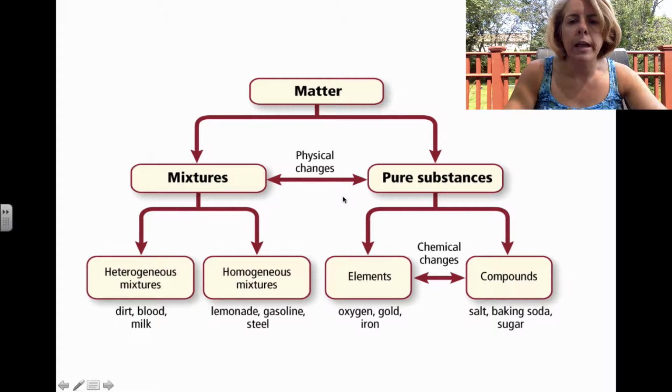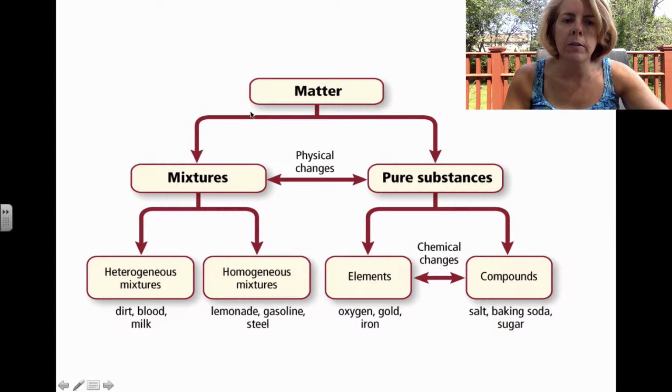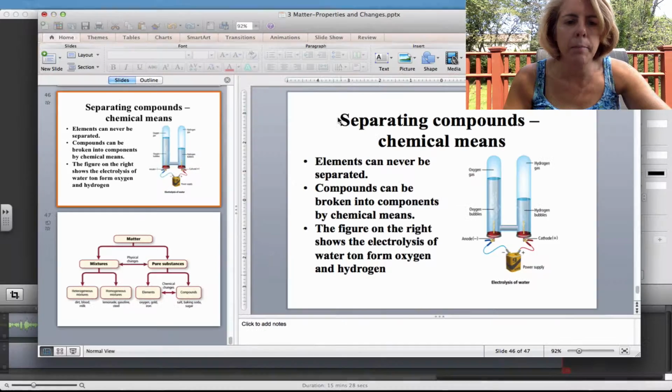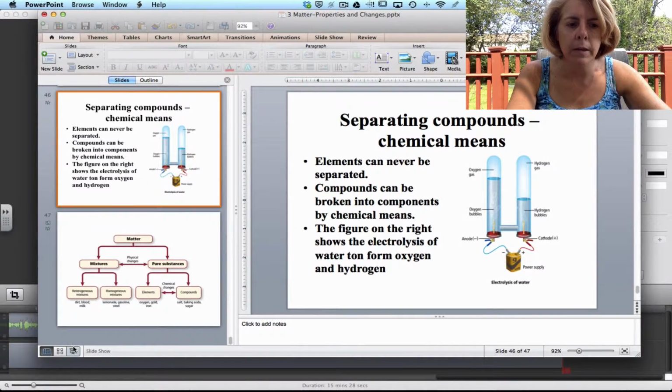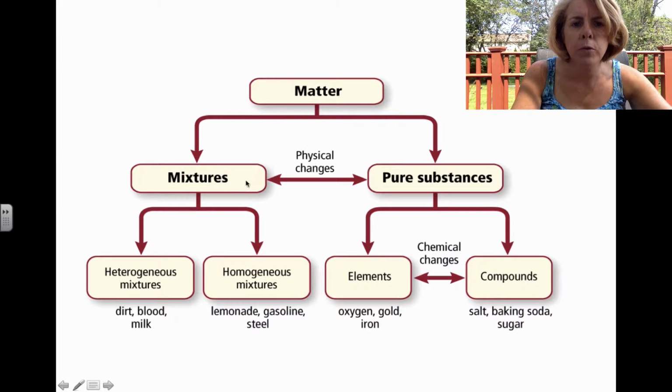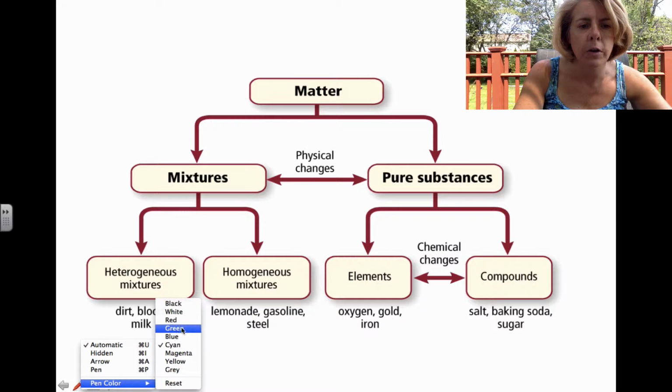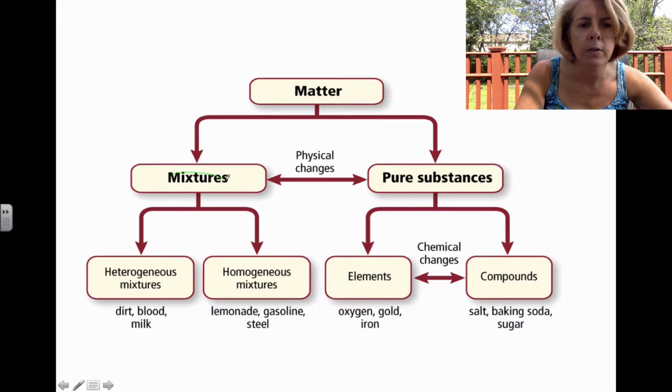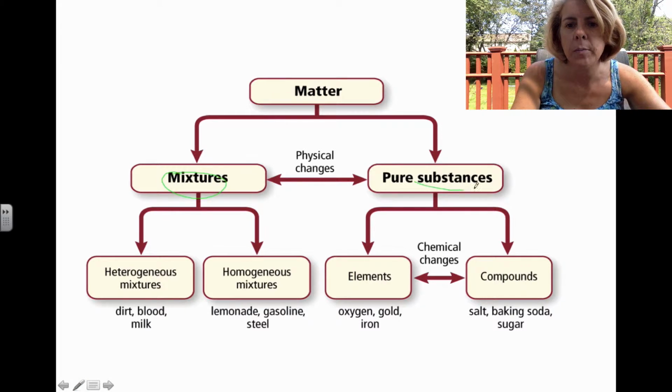So if you look at the last section of this, we have matter at the top, and then you have two types of situations here. So you have either mixtures or you have pure substances.